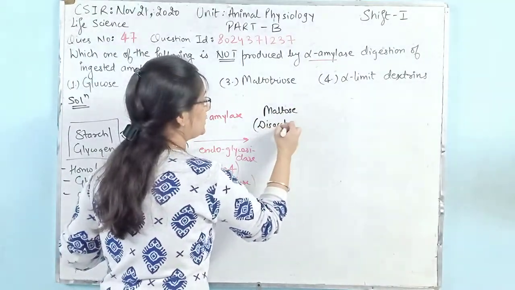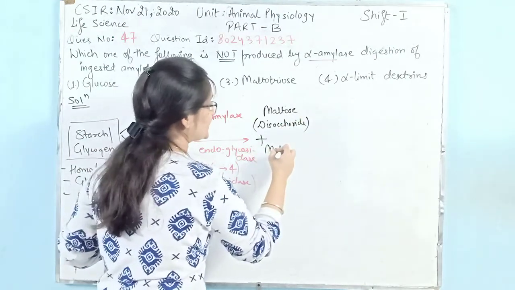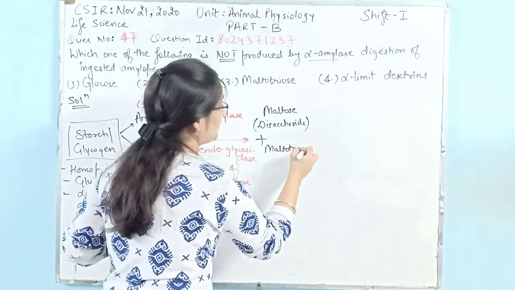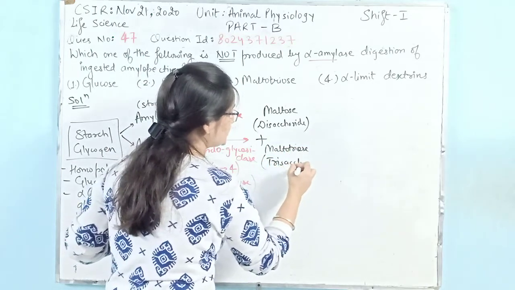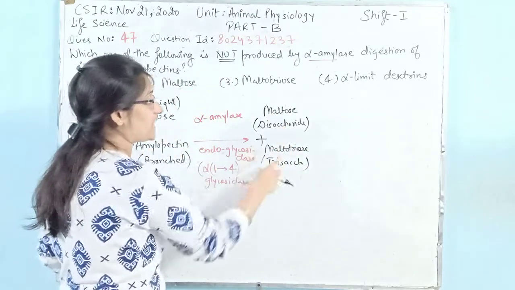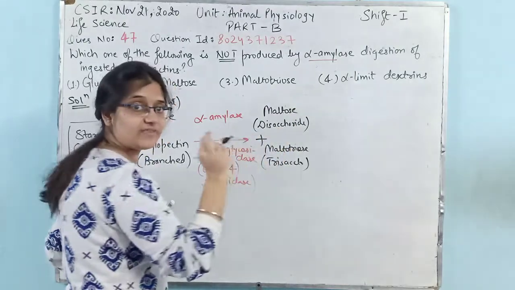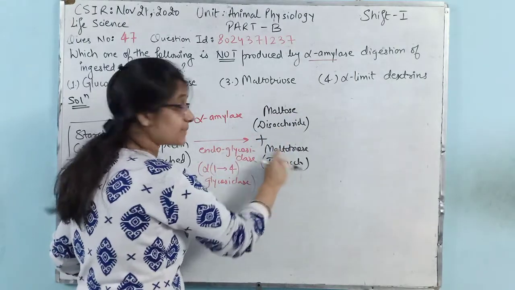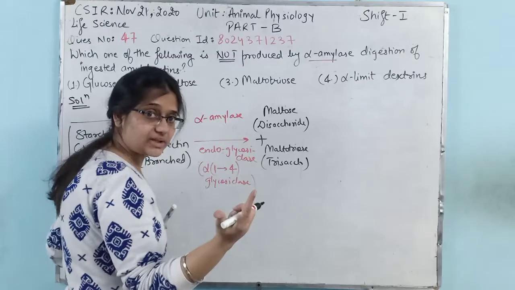So digestion by alpha amylase on amylopectin is going to yield a disaccharide, maltose. You can have a trisaccharide, that is maltotriose. Both comprise glucose units, the disaccharide of 2 glucose units linked by alpha 1,4 glycosidic bond, and the trisaccharide of 3 glucose units linked by the same alpha 1,4 glycosidic bond.